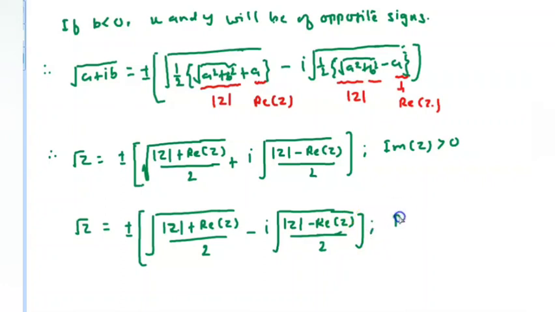This is the second case, when b, that is the imaginary part of z, is less than 0. Clear?